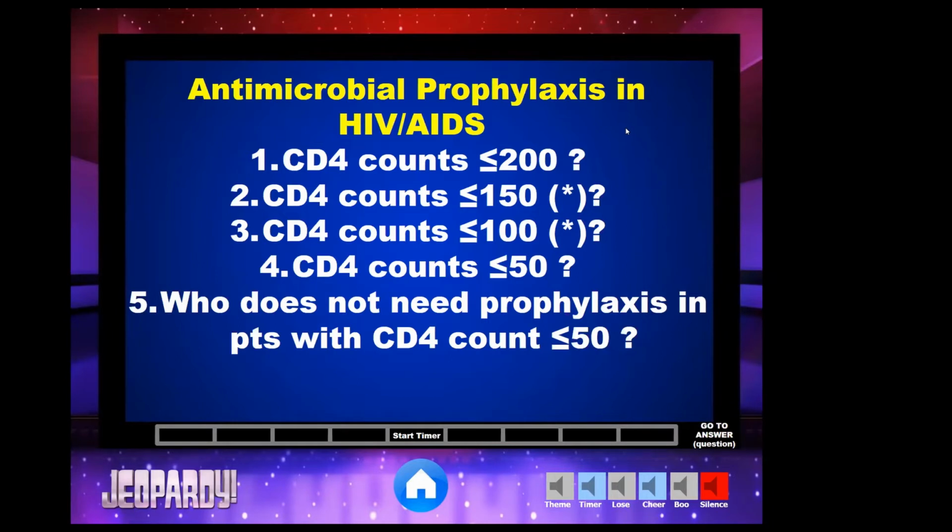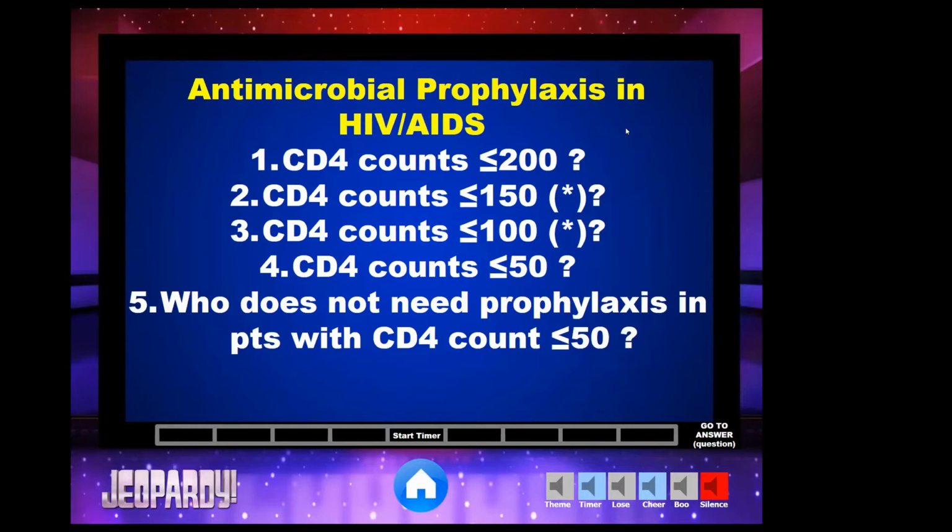For number 2, we will say none for less than 150. For number 3, CD4 less than 100, we need prophylaxis for toxoplasma. For CD4 less than 50, it has to be for MAC.